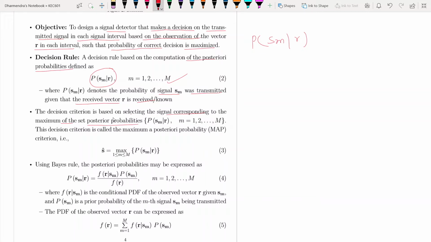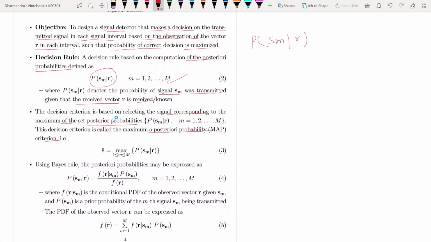In this set there are capital M posteriori probabilities, and this decision criterion is called maximum a posteriori probability, because the decision rule is based upon the posteriori probability. So S hat will be equal to the argmax of this. This is the decision rule.